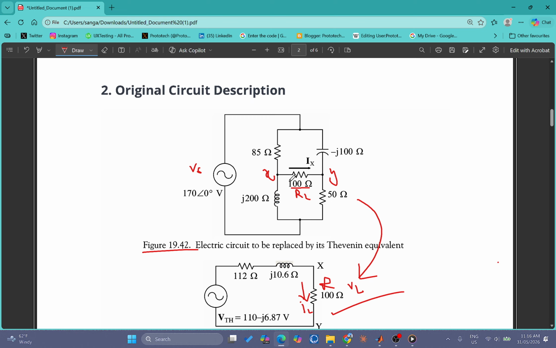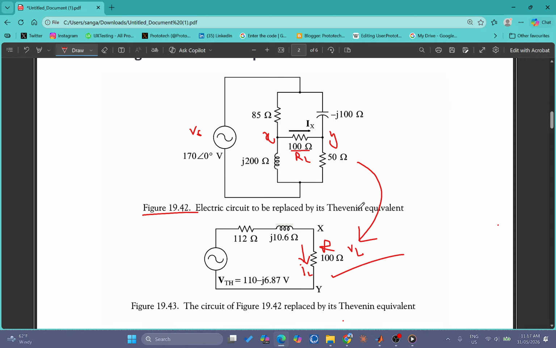Now what we want to do is find the voltage across the load RL, and calculate the current passing through that load. To do that, the circuit is pretty complex, and therefore we first have to simplify the circuit and make it easier so that we can mathematically calculate.